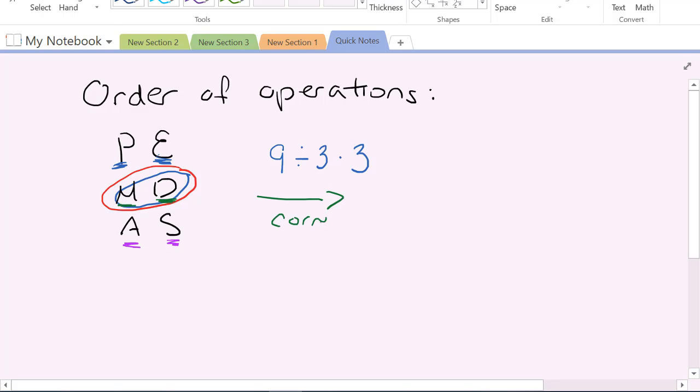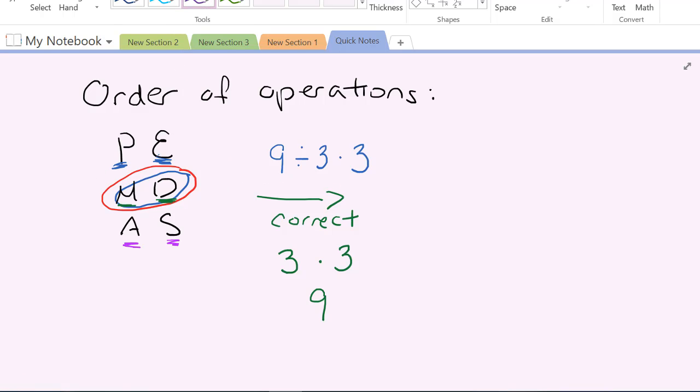So 9 divided by 3 is 3, and then 3 times 3 is equal to 9. That's the correct way. If you did the multiplication first, you would get 9 divided by 9, which gives 1. That is incorrect.